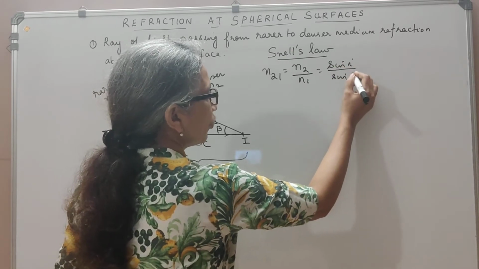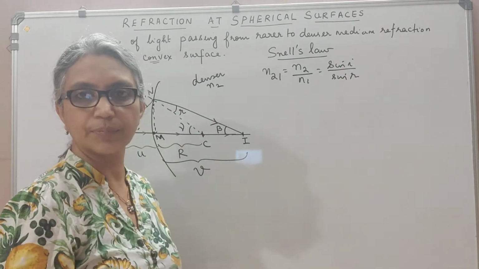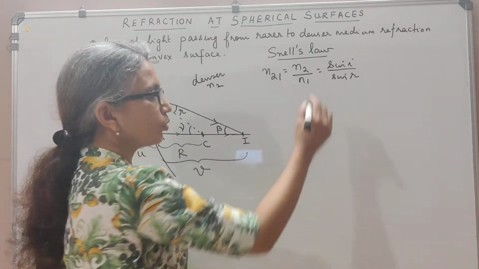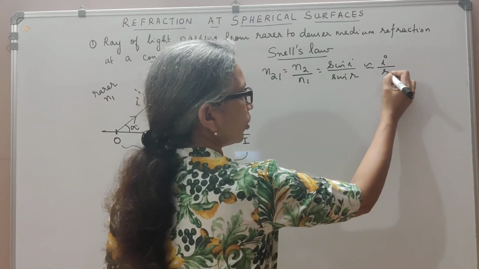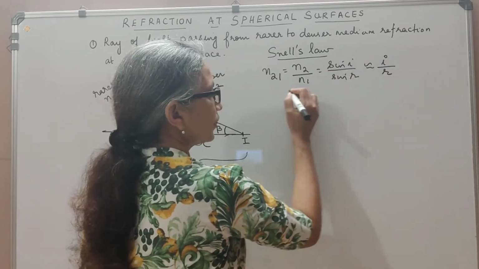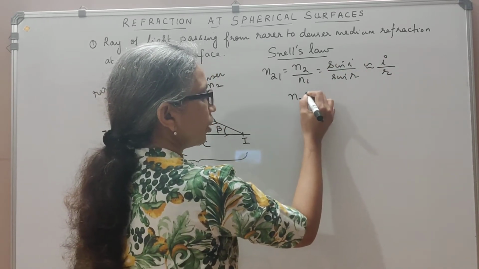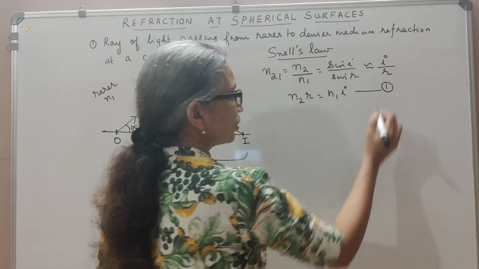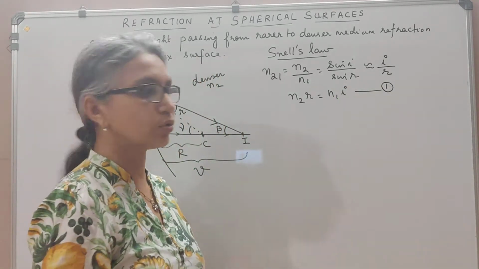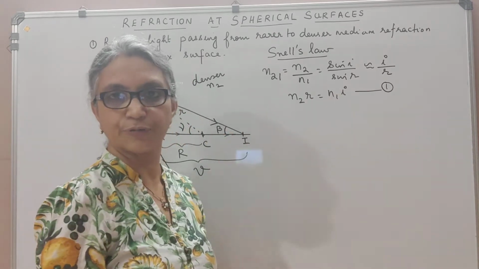And as you know, for small angles, sin theta can be approximated to theta. So I'm going to approximate sin I to I and sin R to R. If I now cross multiply, I get N2R equals N1I, which is the first equation into which I am going to substitute values for R and I from the figure.